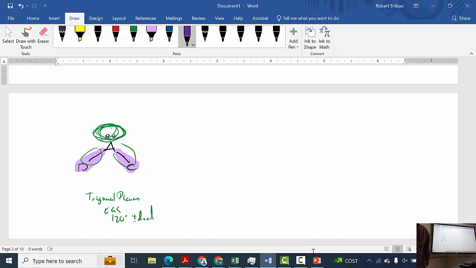Triangle. Kind of a triangle, but it's not complete down here. You know what we call it? Bent. It's just called bent. Yeah. This is called bent. Some people call it angular, but so the molecular geometry is going to be bent.